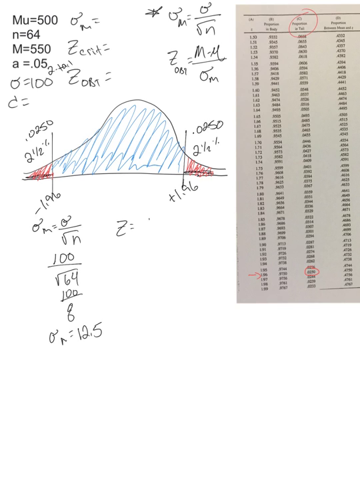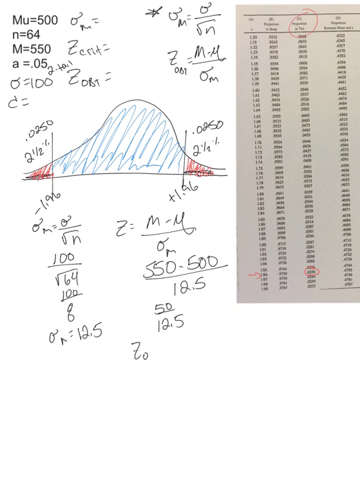I can then put that in my z formula: mean minus mu, divided by that 12.5. So 550 minus 500 for the population mu, divided by 12.5, or 50 divided by 12.5. So my z obtained is going to be positive 4.